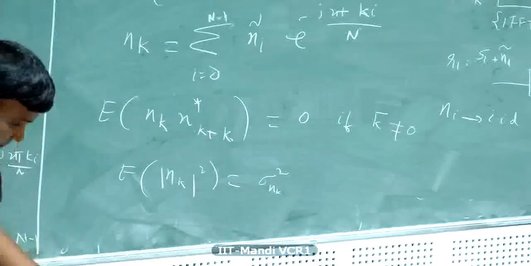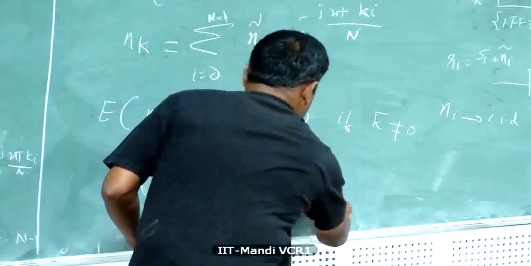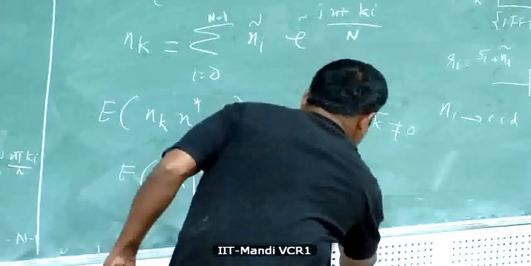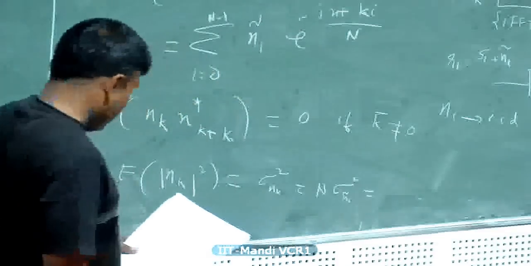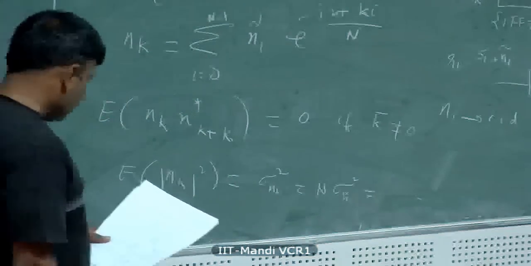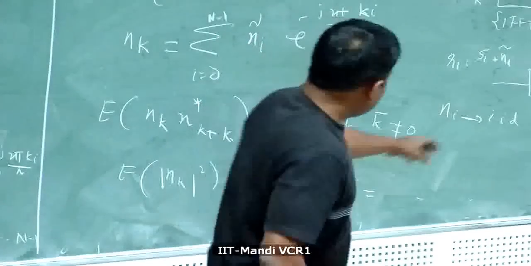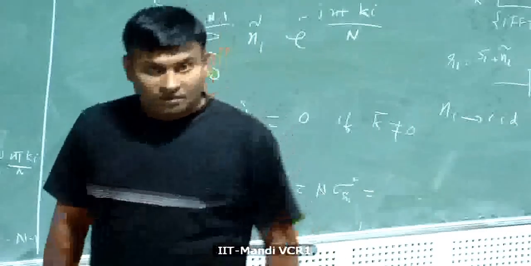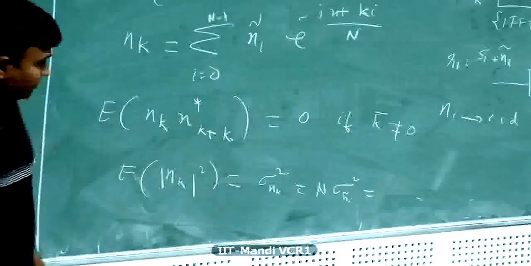That constant turns out to be N times sigma N tilde I squared, that is N times the variance of the input noise. This is something I have not derived. You can go through the steps and derive it yourself.